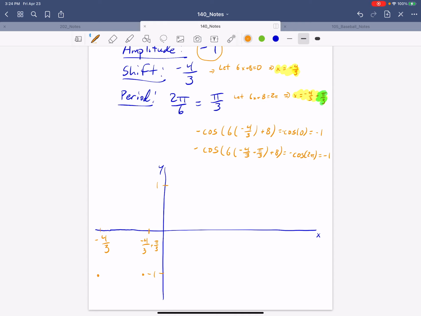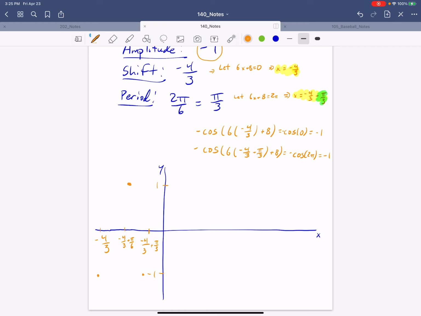Now remember that with cosine, we should be getting a value as high as 1, and that's when we do cosine of pi. The way to remember this is it's just right in the center, so you can really just split the difference between those two guys, if you just remember the shape of cosine. But if you want to mark that value down, it's going to be negative 4/3 plus pi over 6.